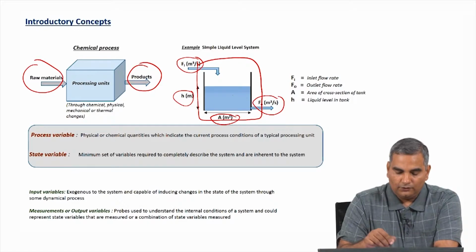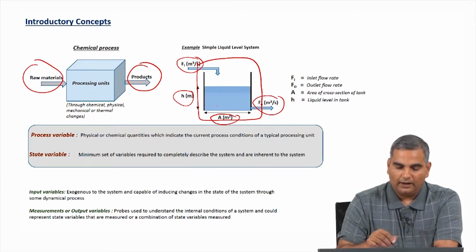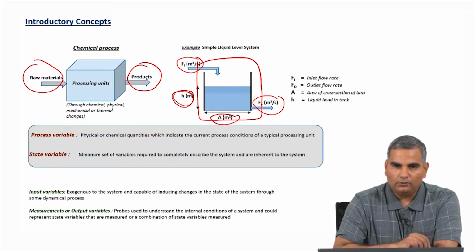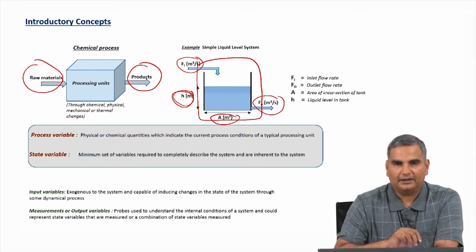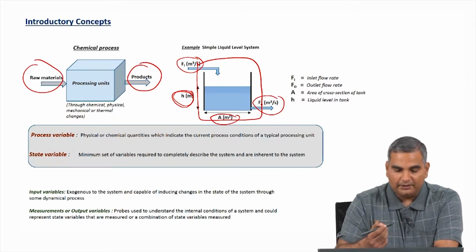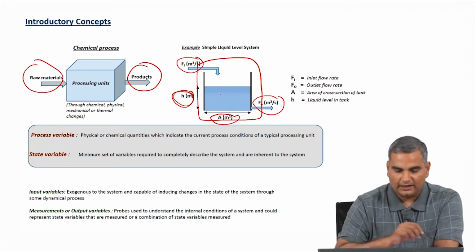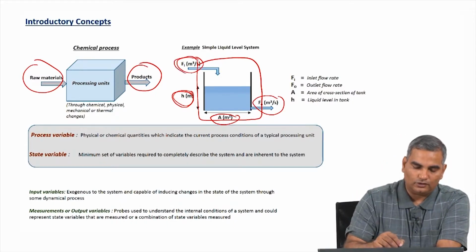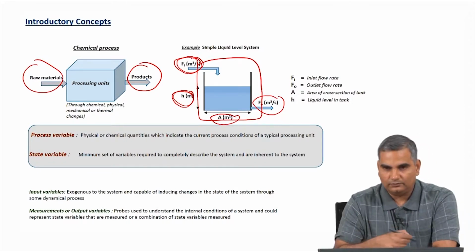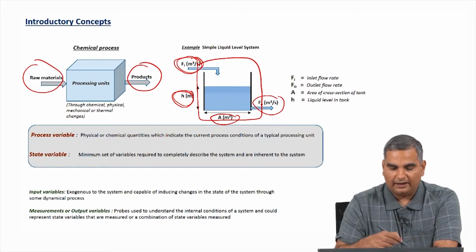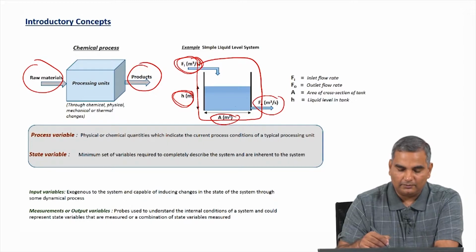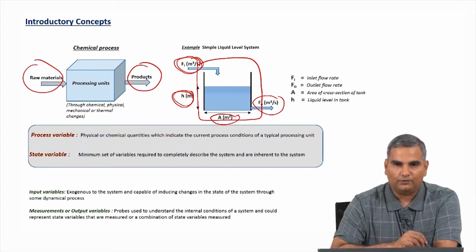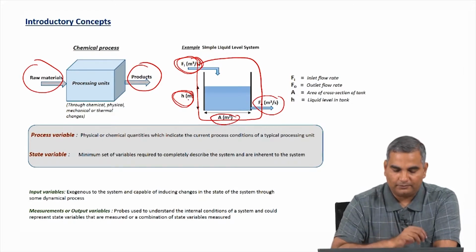Now, if you look at this, then I would call this H a state variable, because once I know the value of H, then I can completely characterize the system. What I mean by this is, if I know H at any time, then as long as I know this exogenous variable value at all times, I can completely characterize the system in terms of how much water is there in the tank and what will be the output flow rate, because this output flow rate will depend on the height.